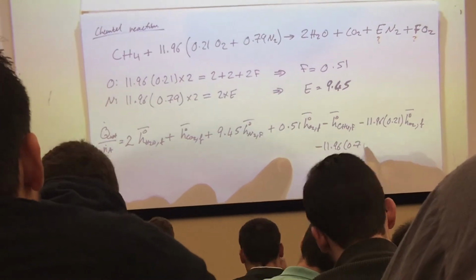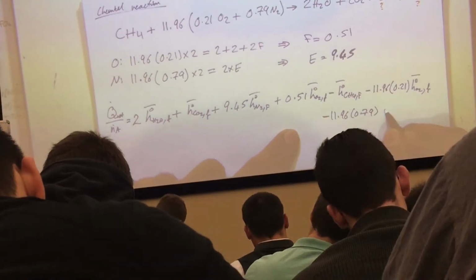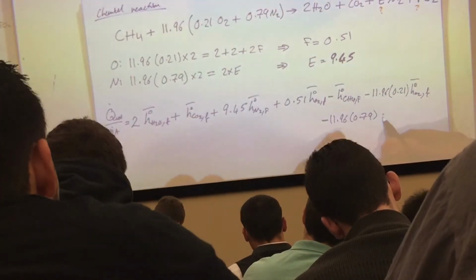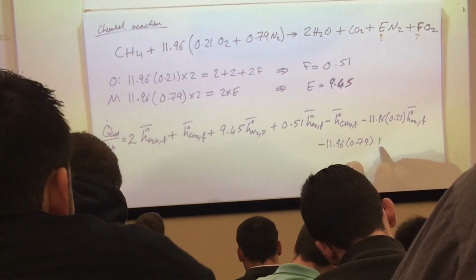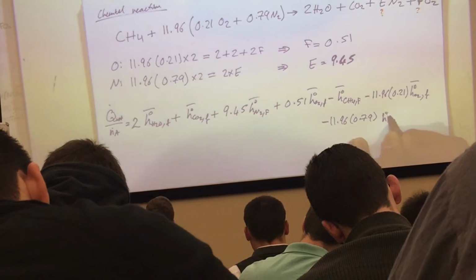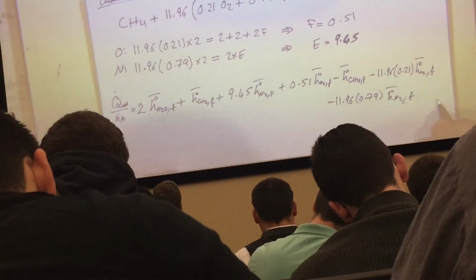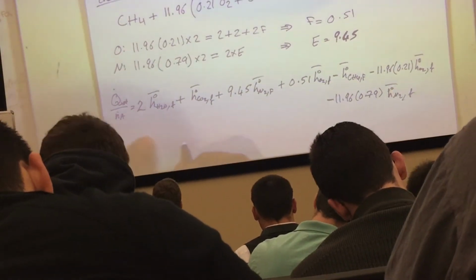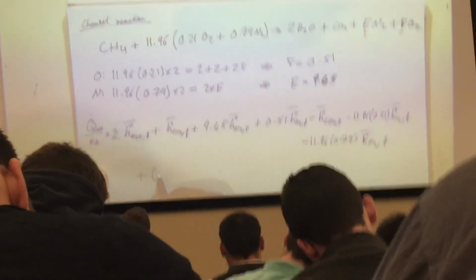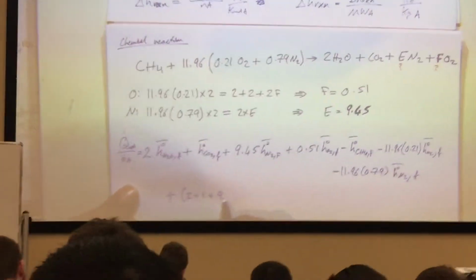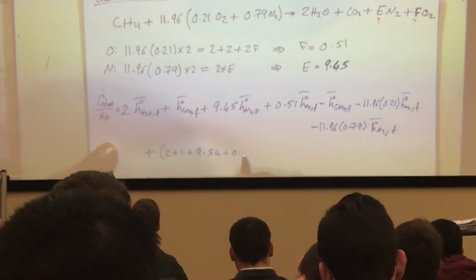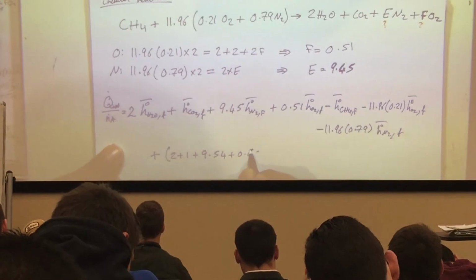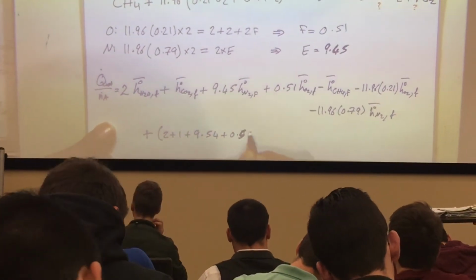All I'm doing is just using all the heat formation enthalpies from this equation, but now I'm using the number of moles ahead of it directly. The heat formation of nitrogen, plus 2 plus 1 plus 9.45 plus 0.51.